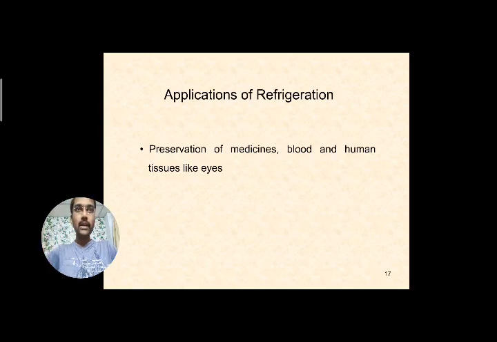Let's see them one by one. In the medicine field, to store or preserve any drug or medicine, we are using refrigeration in the form of refrigeration systems like fridges or other cooling compartments to store medicinal or drug equipment.